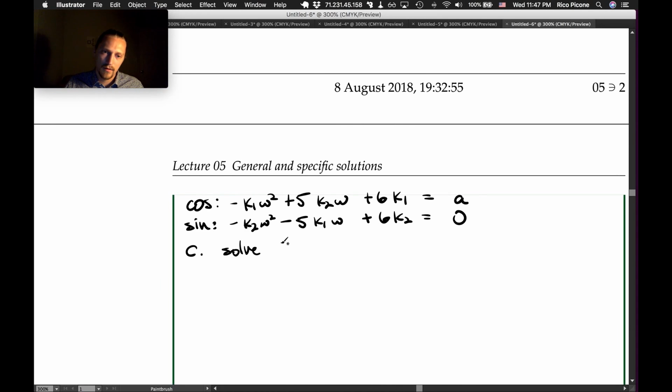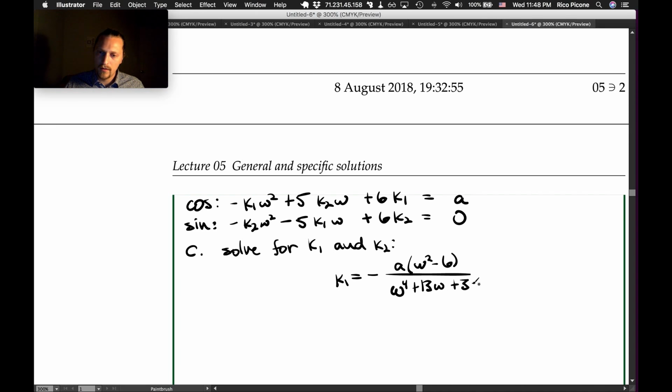Solve for K1 and K2, which gives us K1 equals, and I'll actually write this out, negative a omega squared minus 6 divided by omega to the 4th plus 13 omega plus 36.